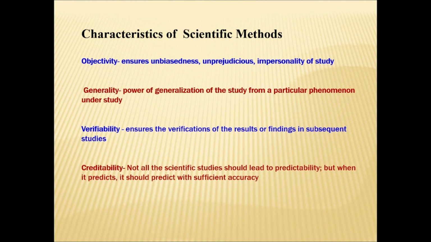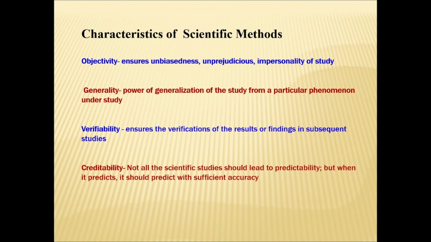Then, what do we mean by scientific method? What are its characteristics? Scientific methods are subject to objectivity, generality, reliability, and credibility. Objectivity means it should be unbiased, unprejudiced, impartial.